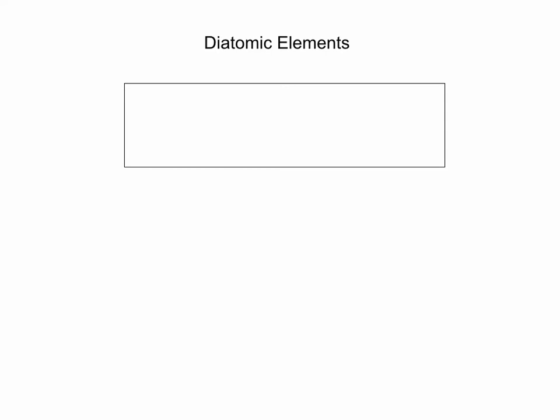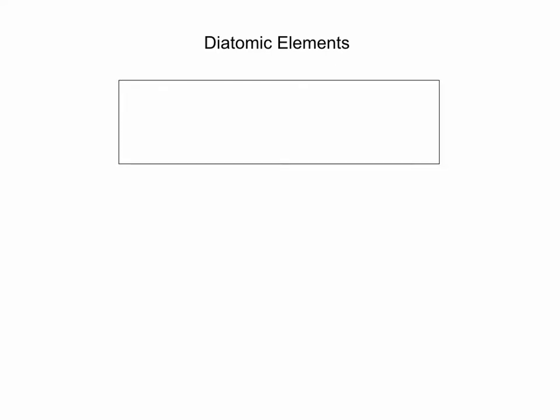It's important to know about diatomic elements. What are diatomic elements? Well, let's break up this word. We have two parts. We have di, and di means two, and then we also have atomic, meaning atoms. So these are elements made of two atoms.